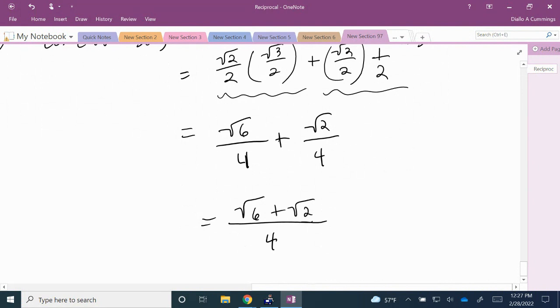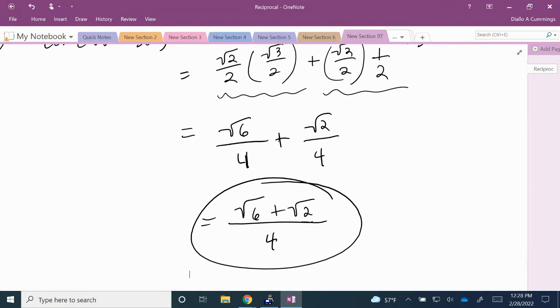I can't add the square root of 6 plus the square root of 2 because I don't have like radicands, so we can't get a square root of 8. This is our simplest form, and this is our solution.